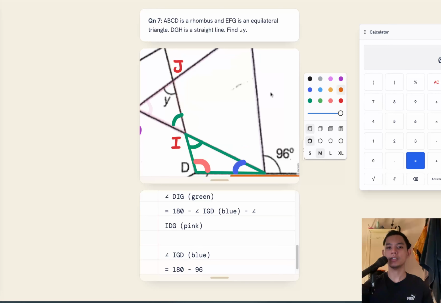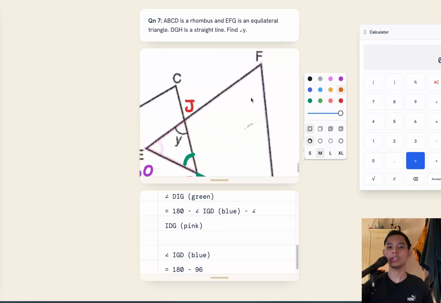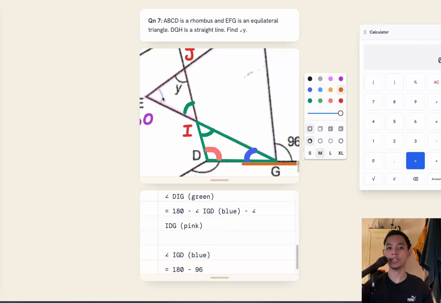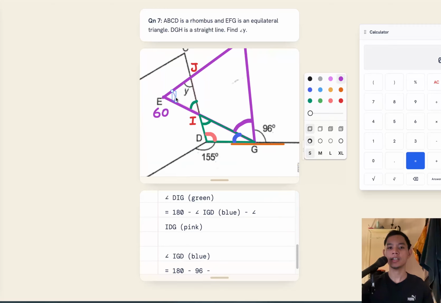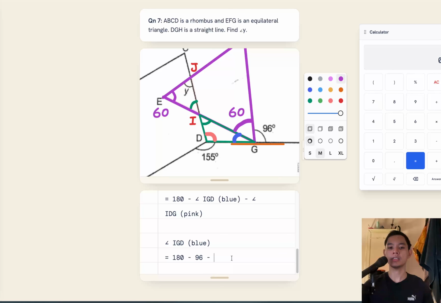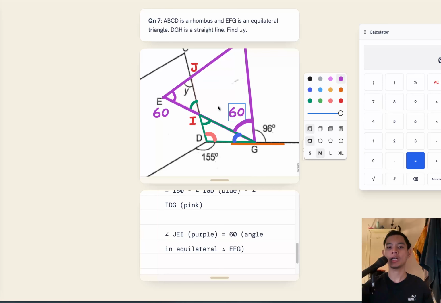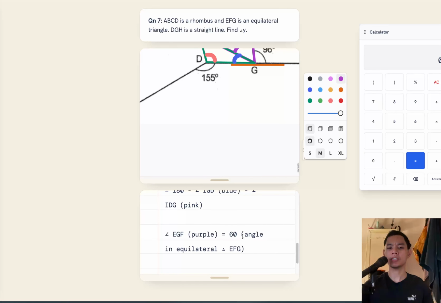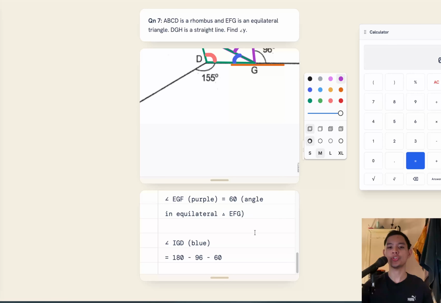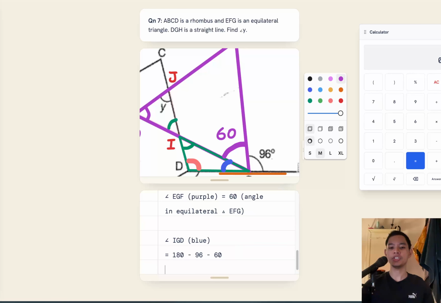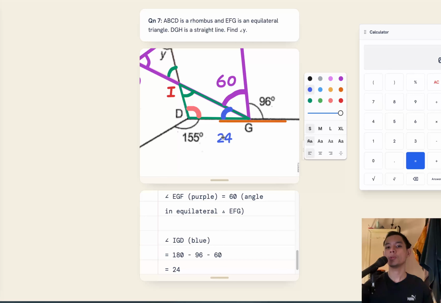This other angle is EGF, this purple angle. Can you guess what it is? It is in an equilateral triangle, so it's 60 as well. Put 60 over here. So minus 60. Angle EGF is equal to 60 because it's an angle in an equilateral triangle. So IGD will then be equal to 24 degrees.